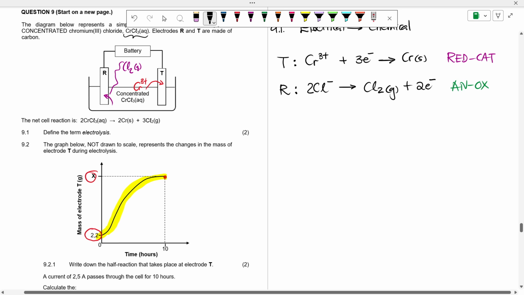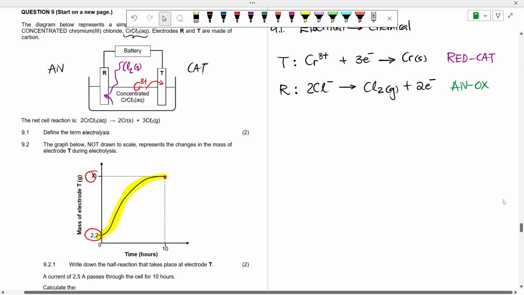Another thing that is important to remember is, in electrolytic cells, which one is positive, cathode or anode? Anode. Anode is positive. So the anode is the one that is positive. So anode there, cathode there.